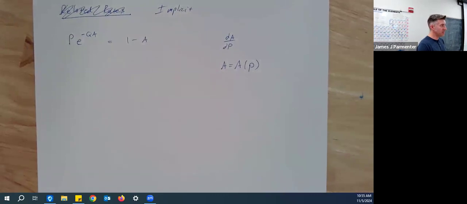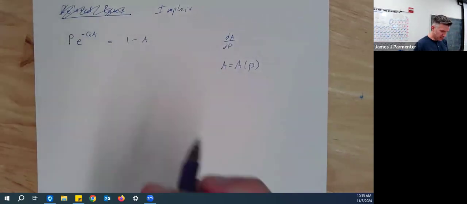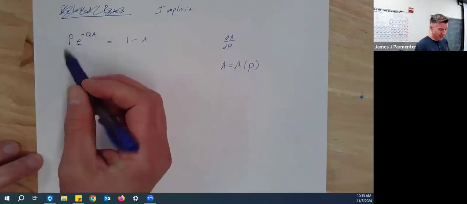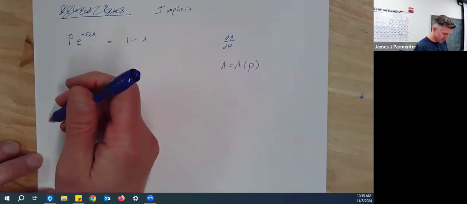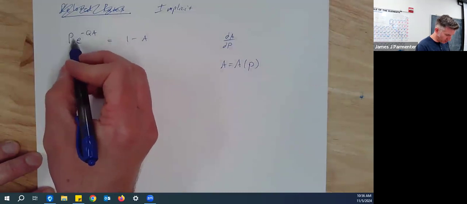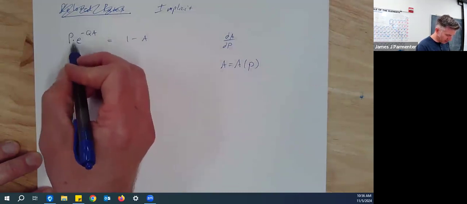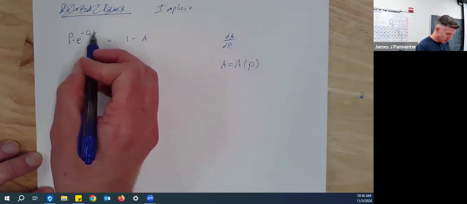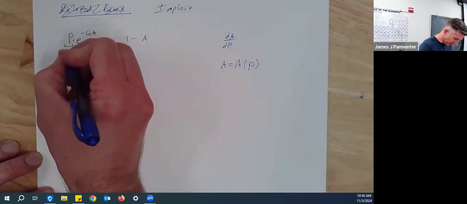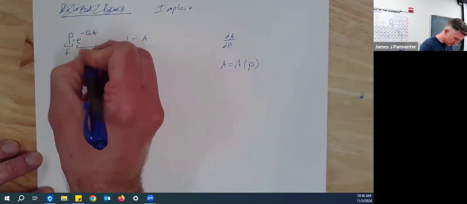When we differentiate this, A is our quote unquote stuff. If I'm going to differentiate rho times e to the negative QA, I have to use the product rule, because I have a function of my independent variable rho and another function of A, which depends on rho. So I differentiate this side with the product rule. This is my f, this is my g.